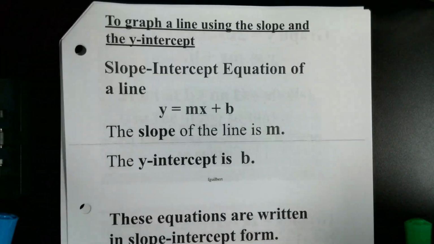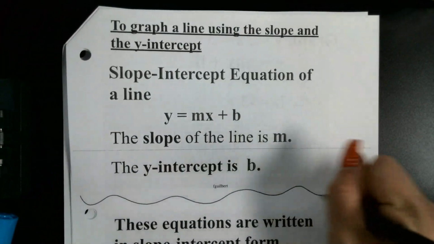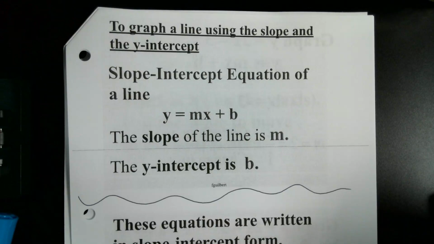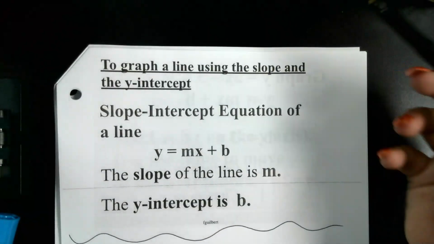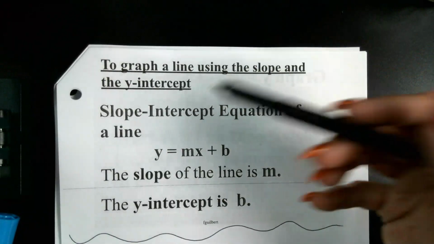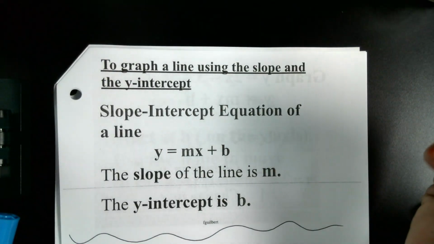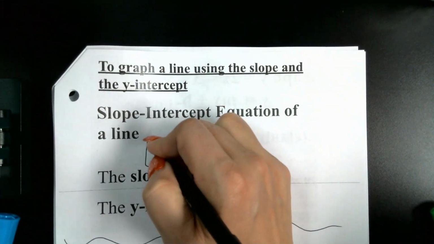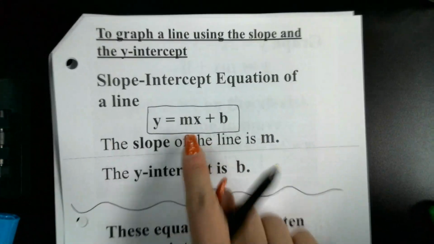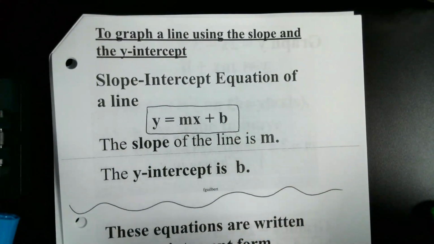Then we're going to start talking about slope-intercept form. Okay, so anytime we want to graph lines, we do prefer slope-intercept form over standard form. So slope-intercept form looks like this. You need to get real comfortable with this. If I say to you over the next couple days, what is slope-intercept form?